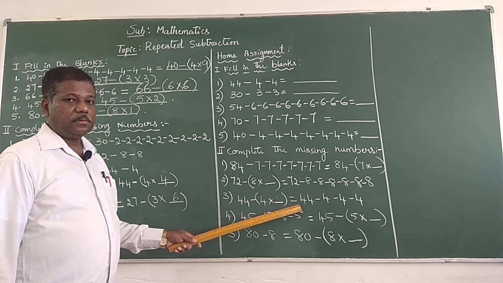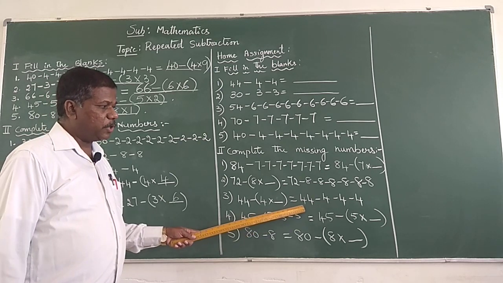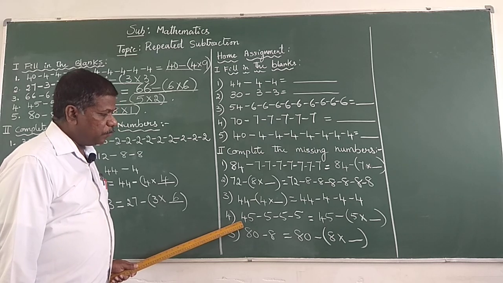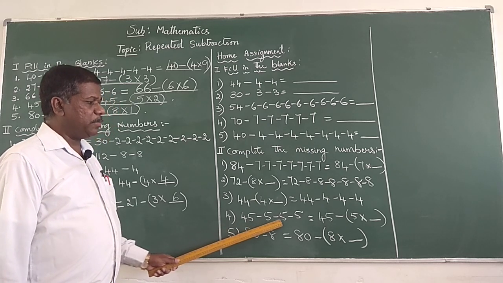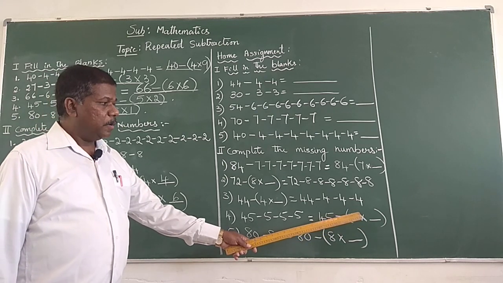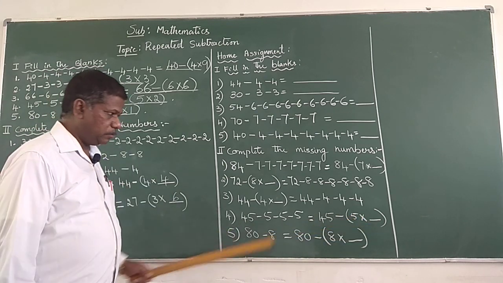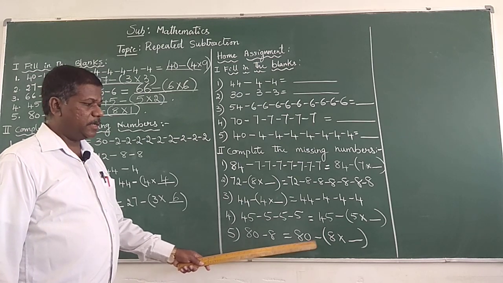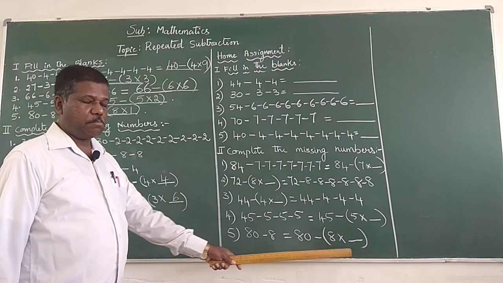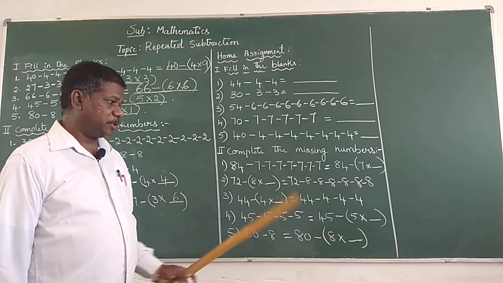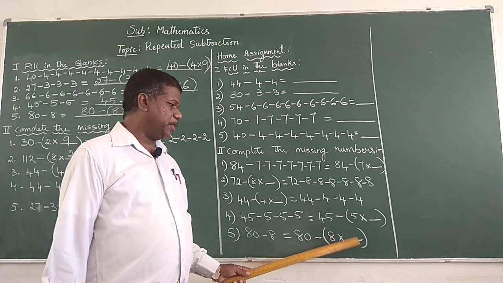So here it is given in detail: 44 minus 4 minus 4 minus 4. Next, 45 minus 5 minus 5 minus 5 is equal to 45 minus 5 into dash. 80 minus 8 is equal to 80 minus bracket open 8 minus 8 multiplied by dash. So you have to fill this with the proper number.